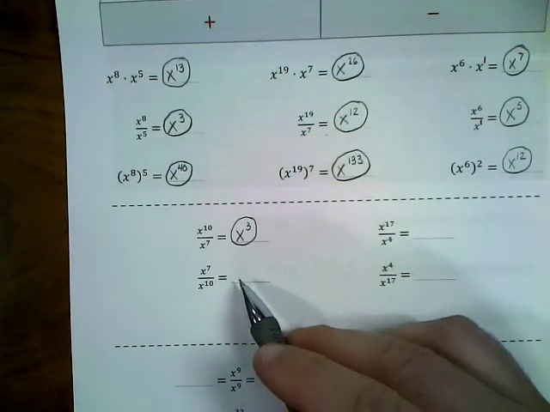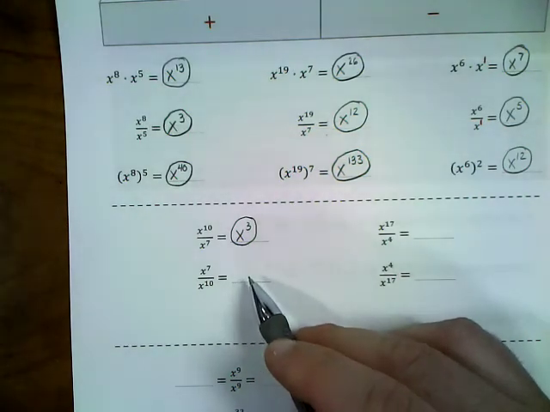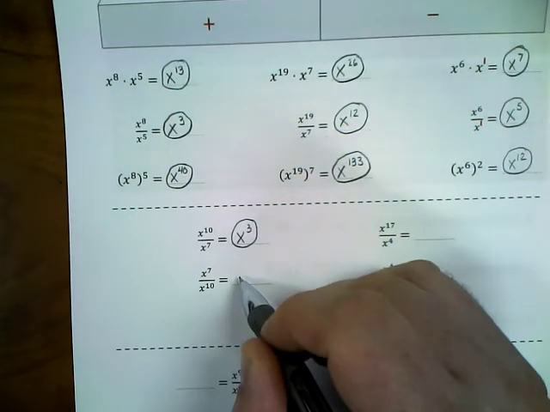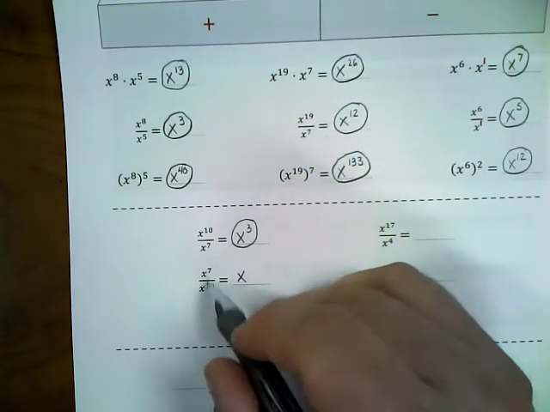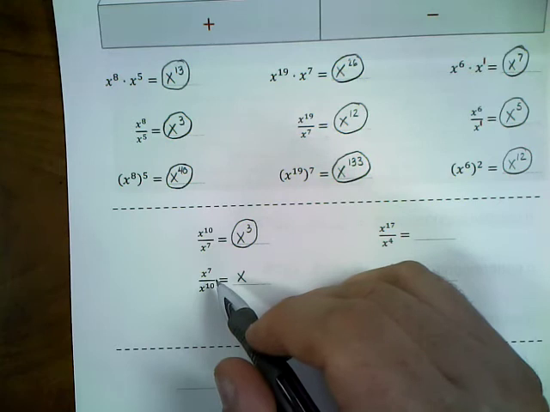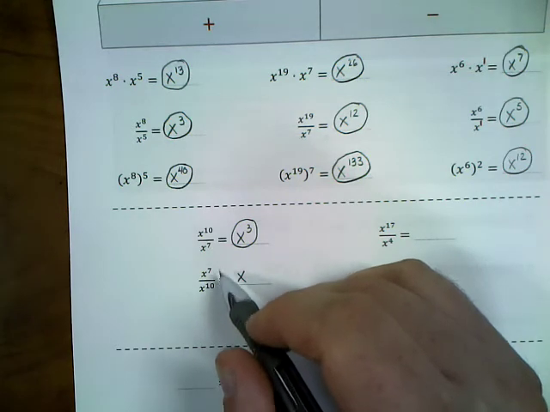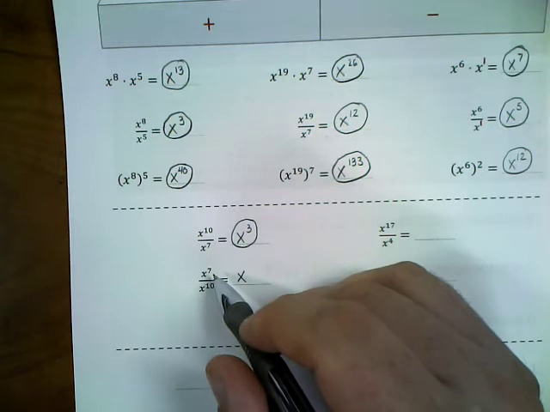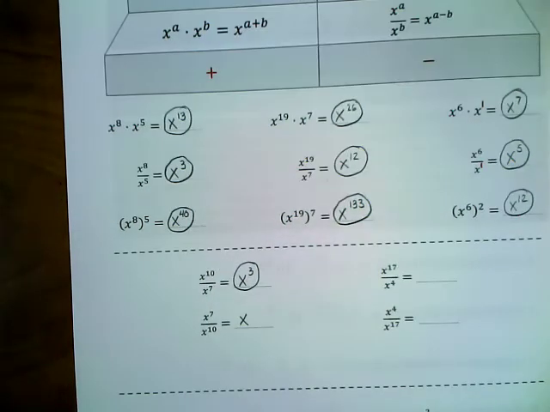Now here though, I have x to the power of 7 over x to the power of 10. So again, this is going to lead to subtraction, but the order matters in subtraction. So this time, this is not going to be 10 minus 7, it's going to be 7 minus 10. Well, if you have $7 and I take away 10 of them, well, you don't really actually have enough to give me.